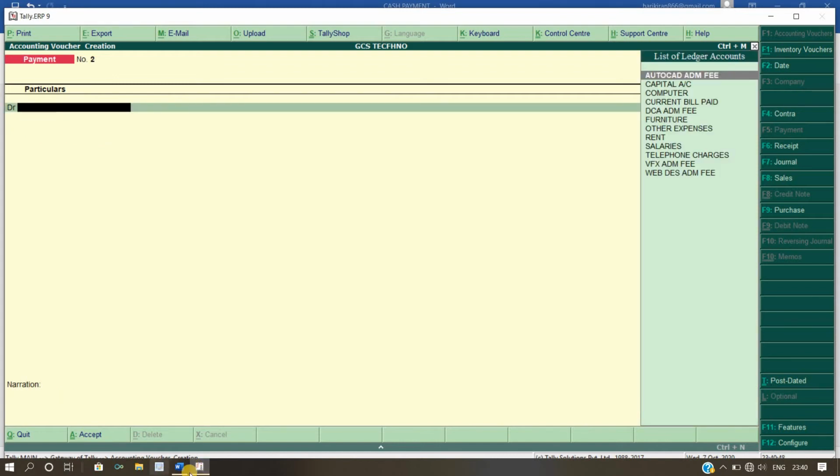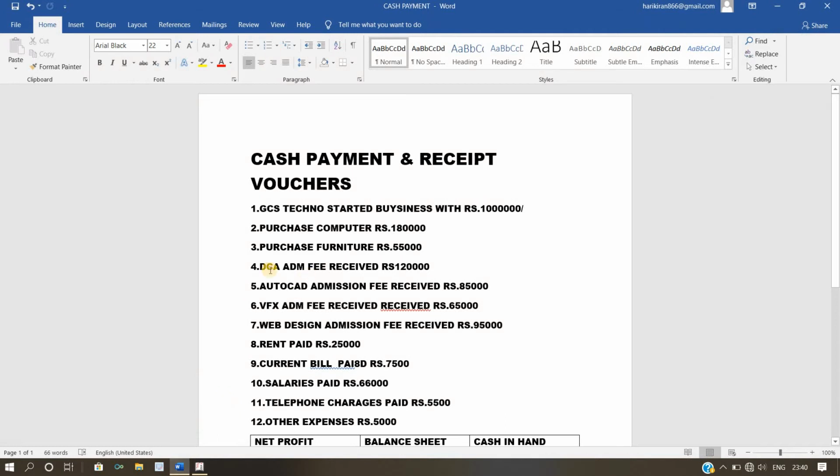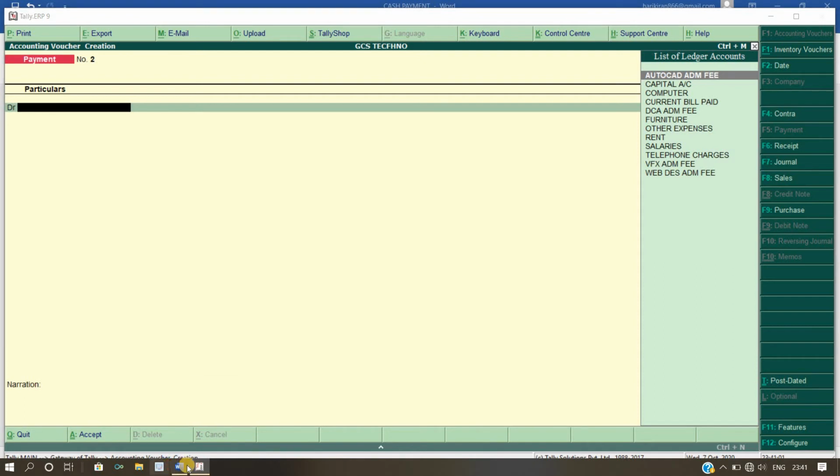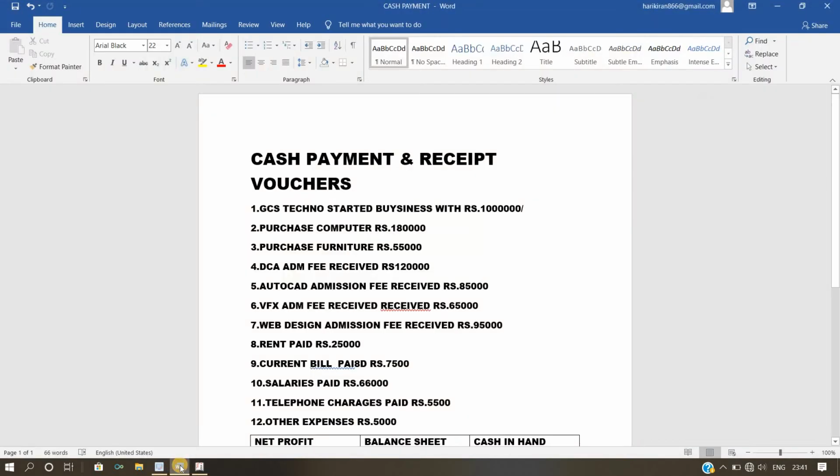And after computer, what is the transaction? Purchase furniture, and it is also payment voucher only, friends. Purchase furniture of amount rupees 55,000, right? Okay, let's open this.